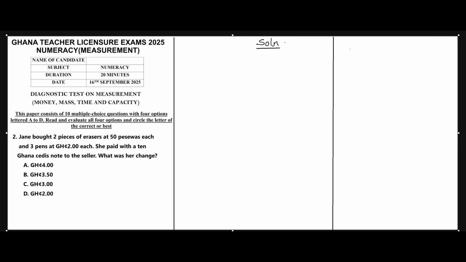Question 2. Jane bought 2 pieces of erasers at 50 pesos each and 3 pens at 2 Ghana cedi each. First of all, we know the cost price of one eraser was given as 50 pesos.